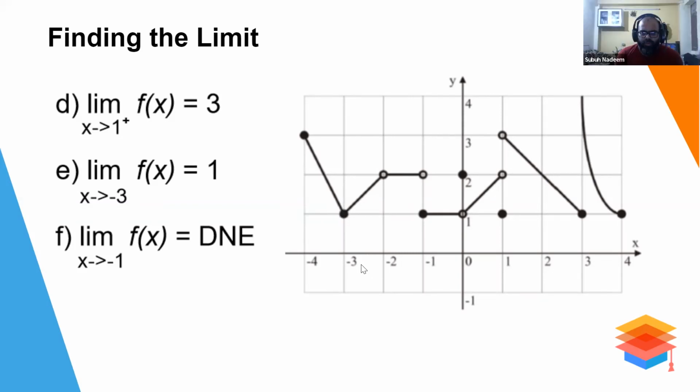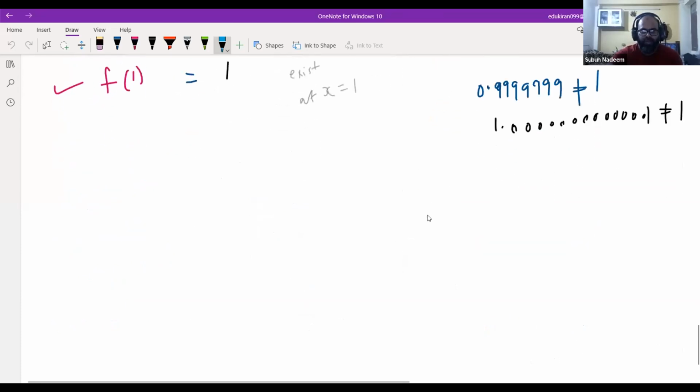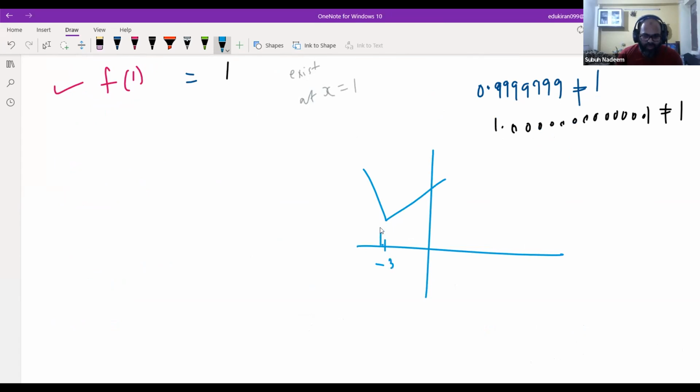Getting my point? Let me again share my screen. What I am saying is, it is like this. This is -3. So -3 minus is here, and it is giving you an output here.